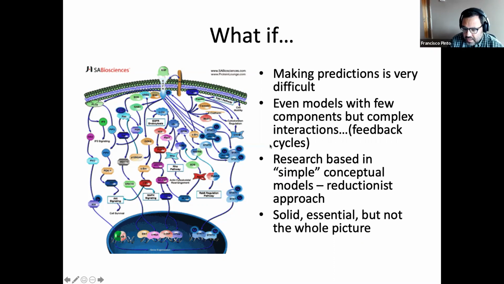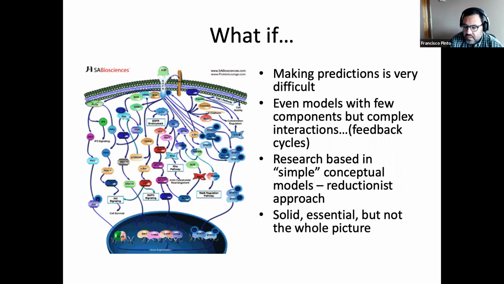So you get to a point where, if you want to work with larger, more complex systems, you need to have some kind of computational or mathematical model to allow you to make predictions of how the system behaves after some kind of perturbation. So that's really a must when you study complex systems.